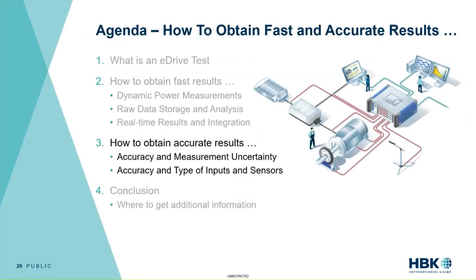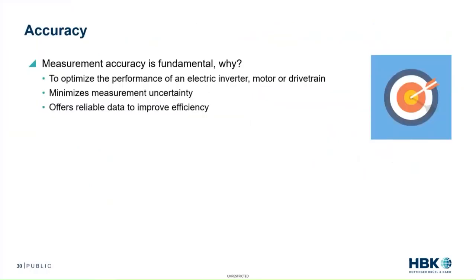Talking about accuracy and measurement uncertainty, and the accuracy based on the type of inputs you may be considering to capture along with some of those sensors. So measurement accuracy is a fundamental term that you need to basically deal with when you're optimizing the performance of an electric inverter, motor, or drivetrain, especially when you want to improve the efficiency.